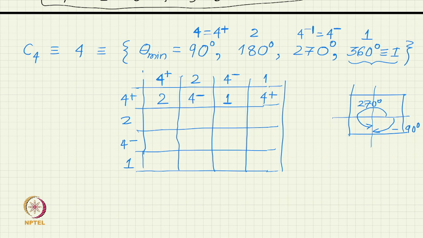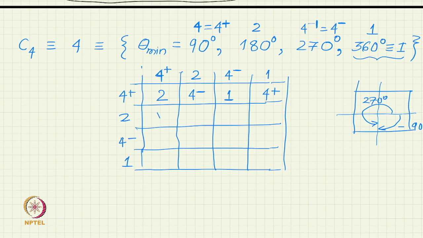So, 2 and 4 plus will be 4 minus, 2 and 2 will be identity, 2 and 4 minus will be 4 plus, and 2 and 1 will become 2.